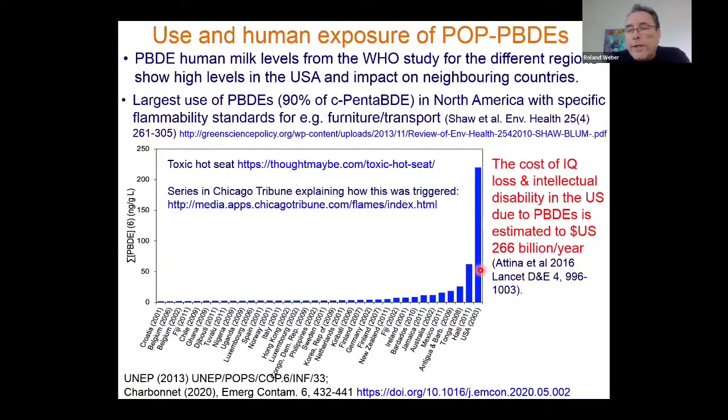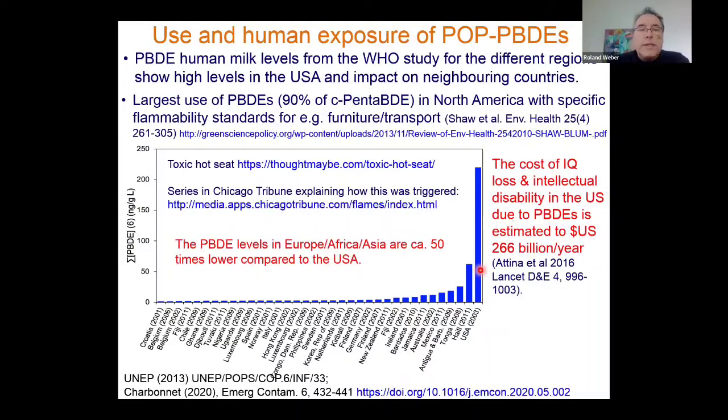There is also a calculation of external costs in the United States from PBDE in humans, and it is estimated that the total cost per year is $266 billion, especially caused by these developmental effects in children.